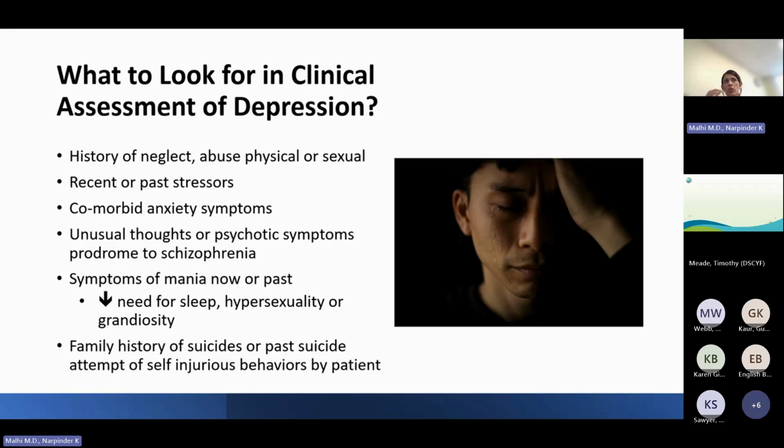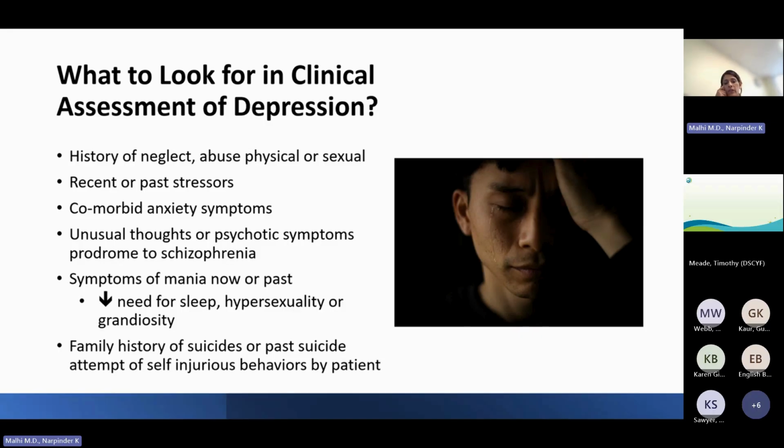So really ruling out bipolar disorder is critical when you make the treatment plan, because the treatment plan can very much differ if the patient is presenting with unipolar depression versus depression which is part of bipolar disorder.